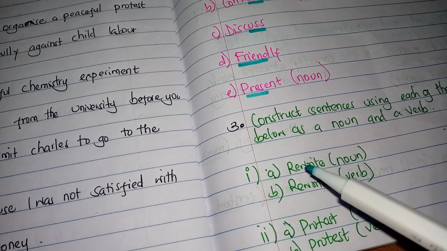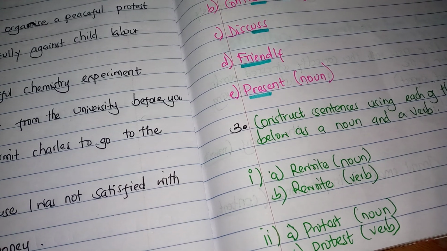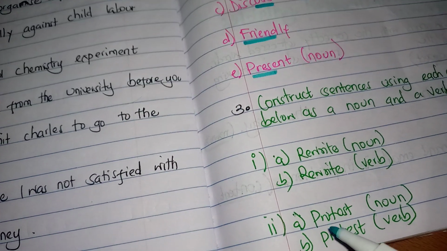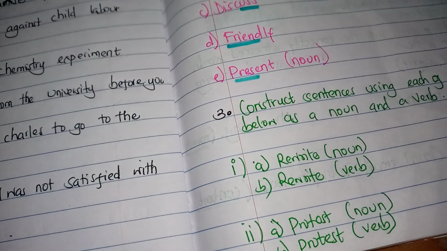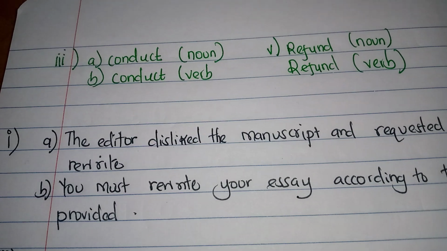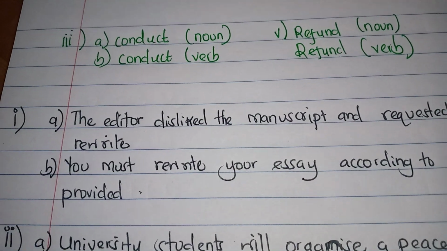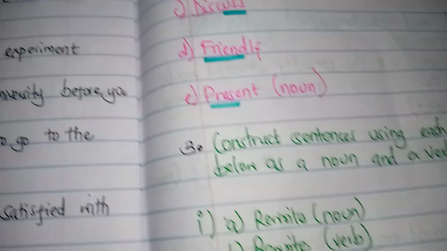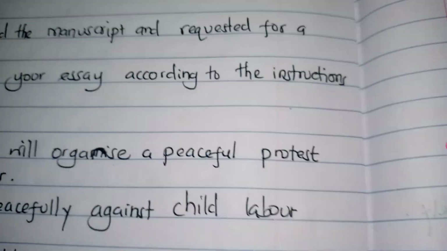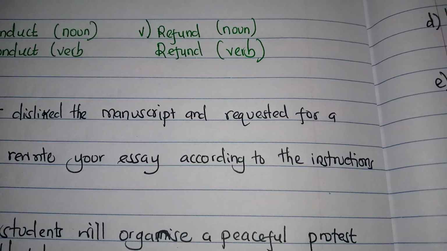We are required to construct a sentence using rewrite and rewrite. And protest and protest, we also have here number 3, conduct and conduct, and number 4 where we have permit and permit, and refund and refund.